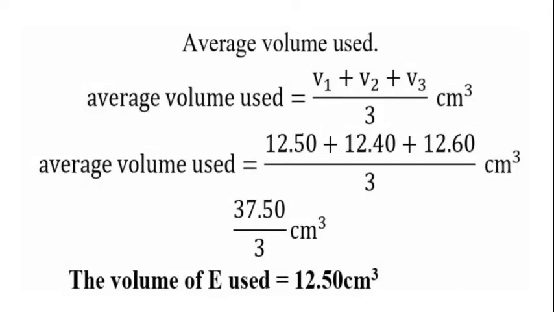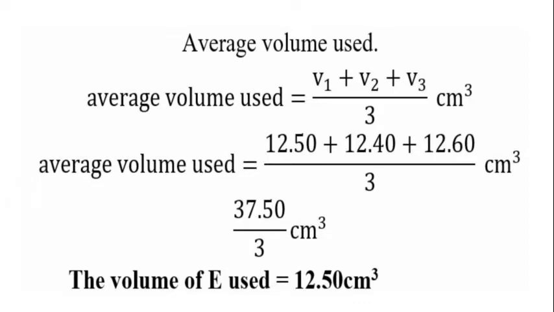After recording and filling in the values in the table, remember to calculate the average volume used even if you are not asked to in your questions. That is very important. The average volume used is calculated by this formula: volume 1 plus volume 2 plus volume 3, divided by 3.